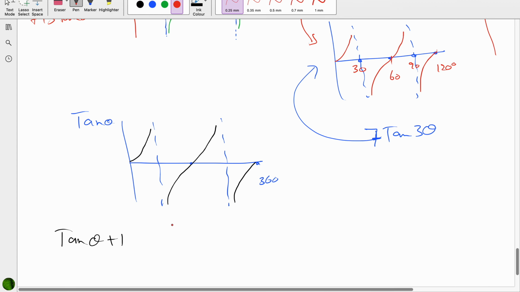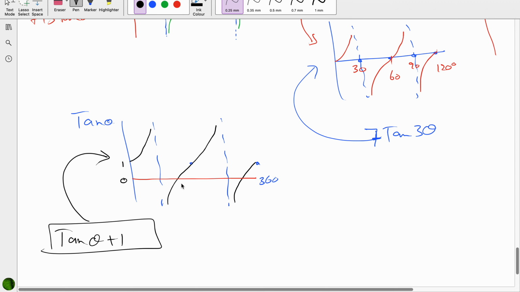Now moving these curves 1 unit up is a task. So moving the horizontal line, the x-axis, down by 1 unit is much easier. And if you just remove this and write 0 here and 1 here, now this is tan theta plus 1, the graph of tan theta plus 1, this right here.